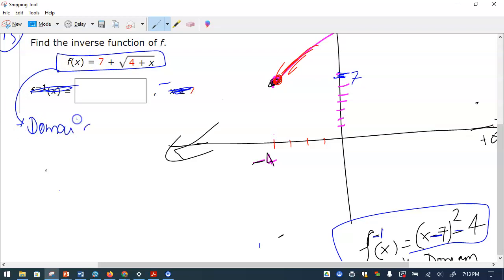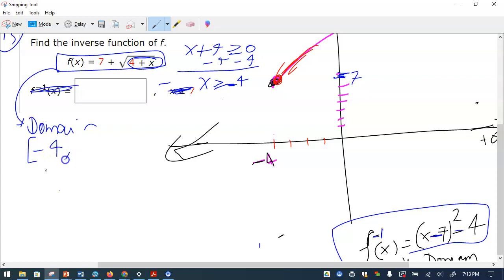Clearly, you can't have a radical be negative. So x plus 4 has to be greater than or equal to 0. If you subtract 4 from both sides, you get x is greater than or equal to negative 4. So it has to be negative 4 and all the way to plus infinity, anything above negative 4. So this is the domain.